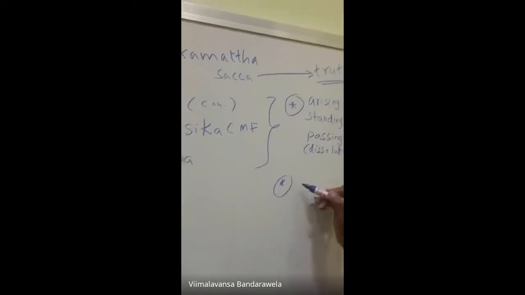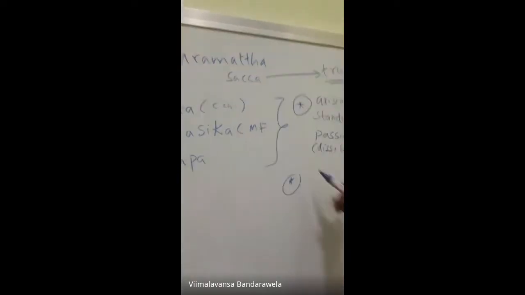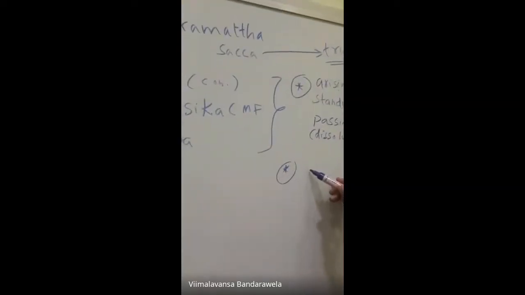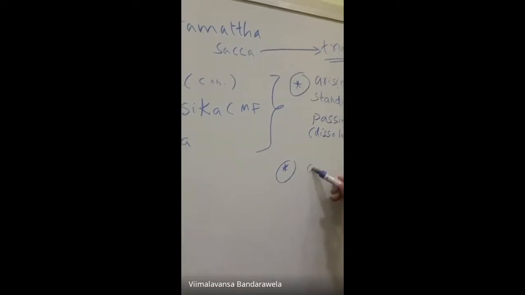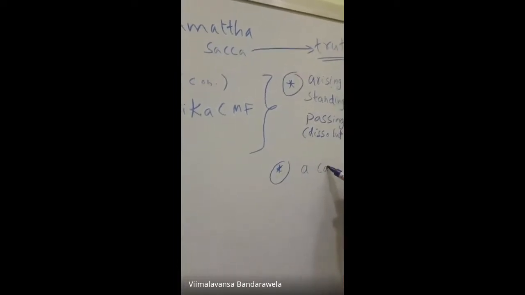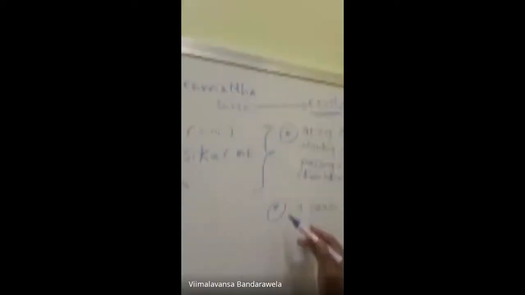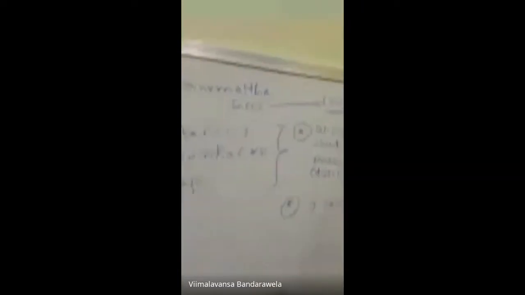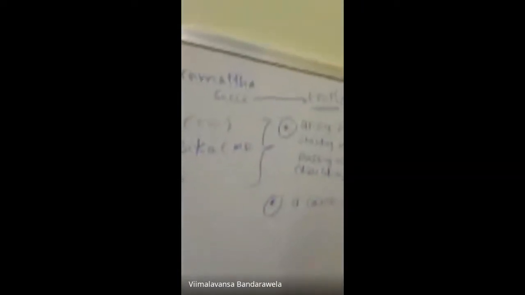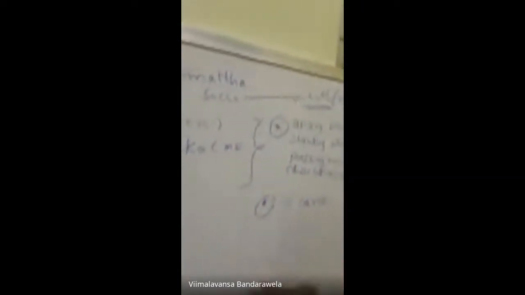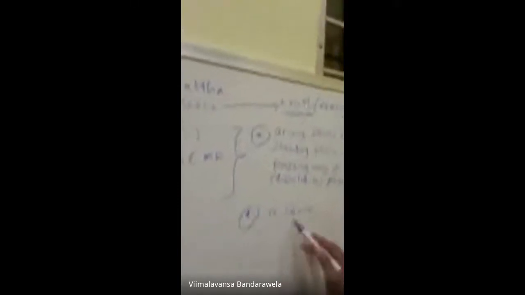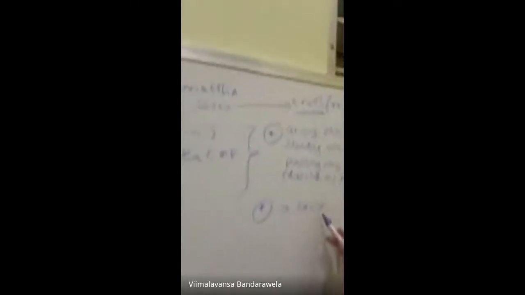And the other thing is that these paramattha satya, to arise, need a cause. Now we have five aggregates. The cause is the previous life craving, right? Previous life craving is the cause for our five aggregates now.